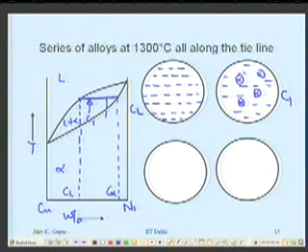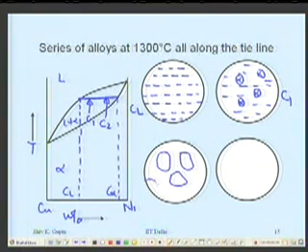Let's take another composition here, C2, slightly still to the right, but less than Cl. Alpha solid probably more than what we had in the earlier case, and we shall have less liquid.